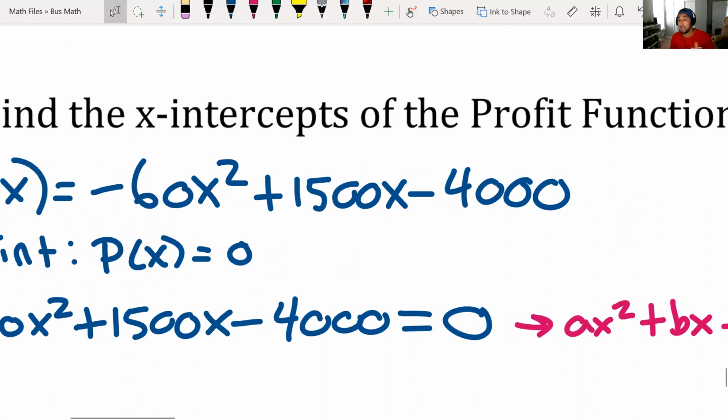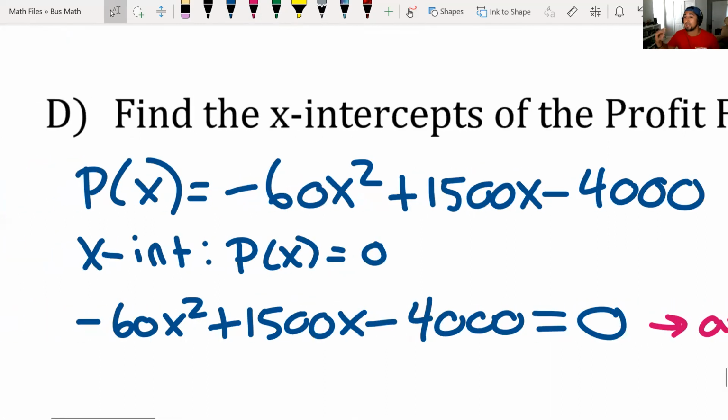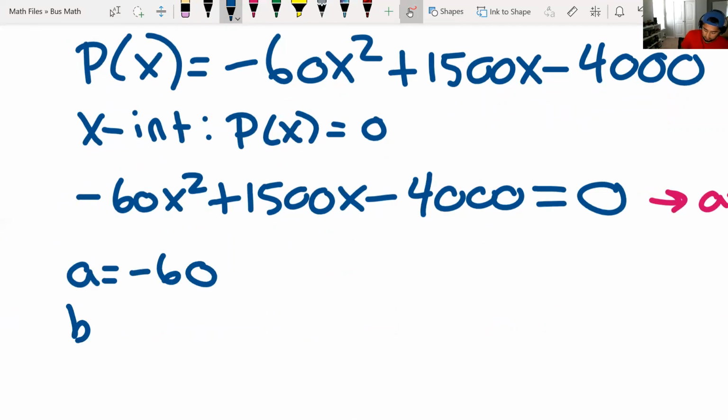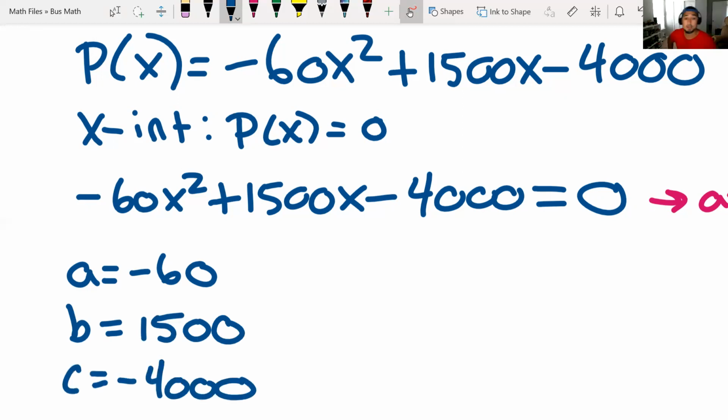So label what a, b, and c are. This will get us started on using the quadratic formula. So a is negative 60. B is 1500. C is negative 4,000.